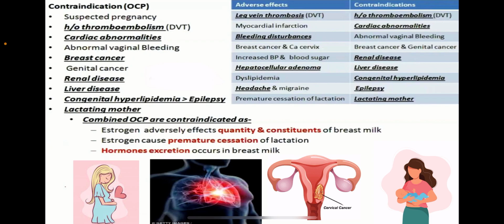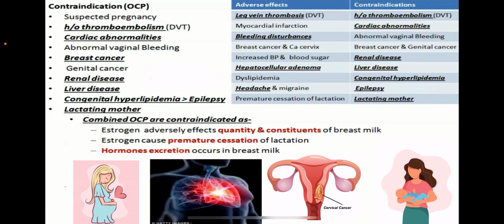It will also cause premature stoppage of secretion of breast milk. Hormone excretion occurs in breast milk, so the baby will get high or altered amounts of hormones in the body. The breast milk will contain the hormones, which will be delivered from the mother vertically into the baby. So these were the contraindications, guys.